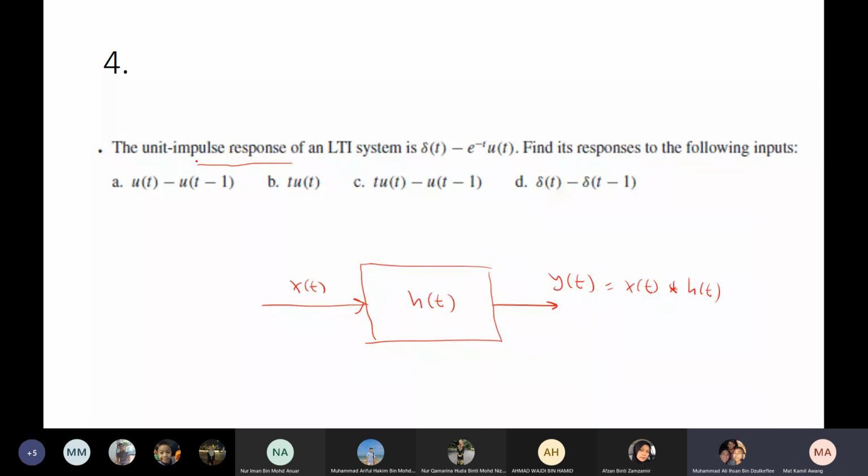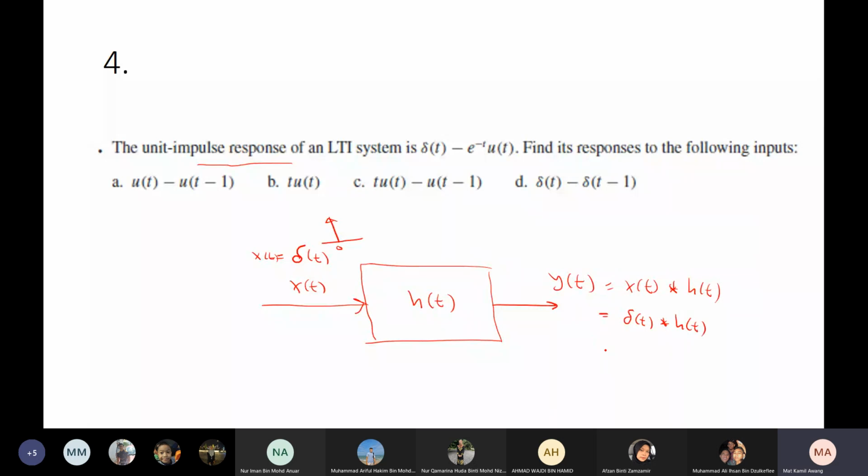For the unit impulse response, the input is delta t. So the input is an impulse going through the system. An impulse delta t convolved with h of t, you get out y of t. Y of t is equal to the convolution of delta t with h of t.